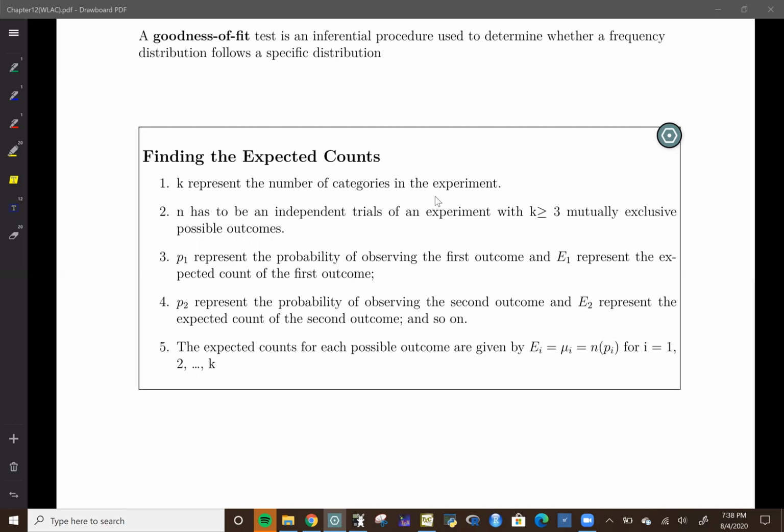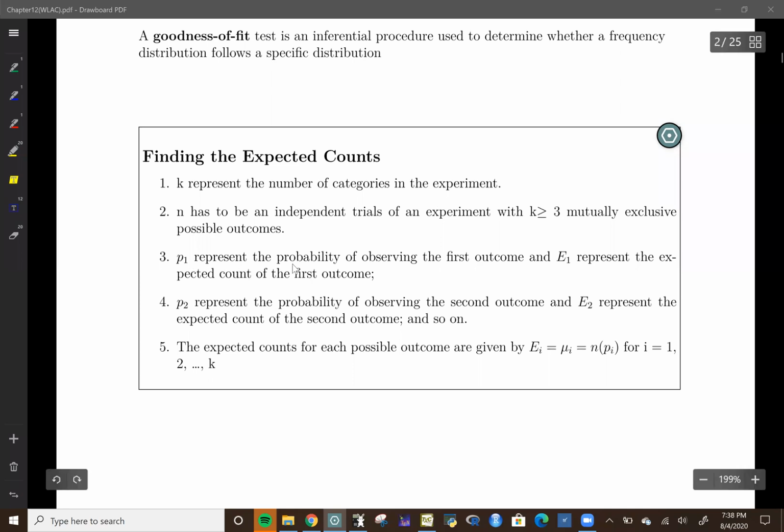Second, N has to be the number of independent trials of an experiment where K is greater than or equal to 3 mutually exclusive possible outcomes. So you're saying the sample must be independent, and for our K, we should have 3 or more categories.